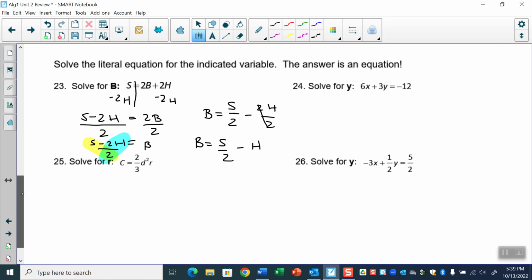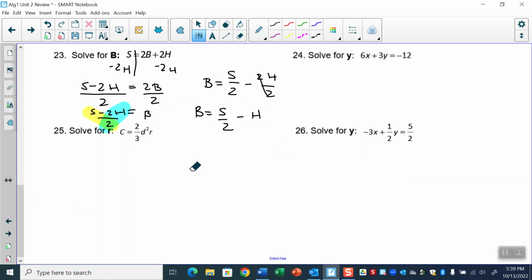So number 25, I'm solving for R. So here I want R by itself. So let's see, I'll get rid of the 2/3 first. To get rid of the 2/3, I'm going to multiply both sides by 3/2. So I've got 3/2 times c. Okay, these divide out, and that equals d squared times r, right?